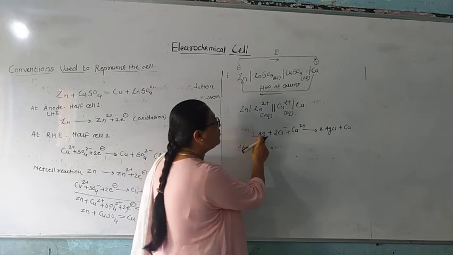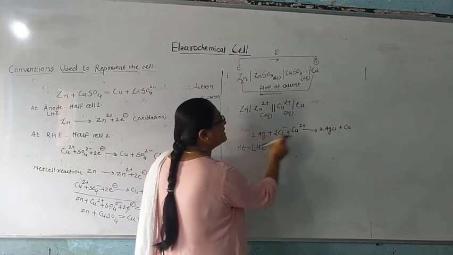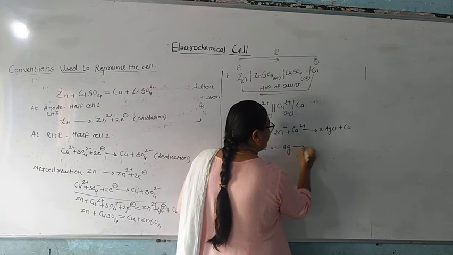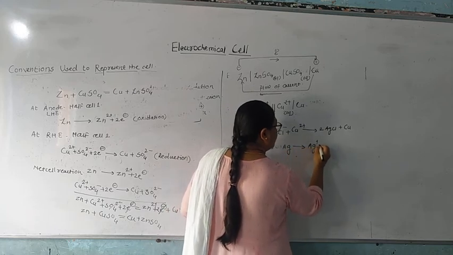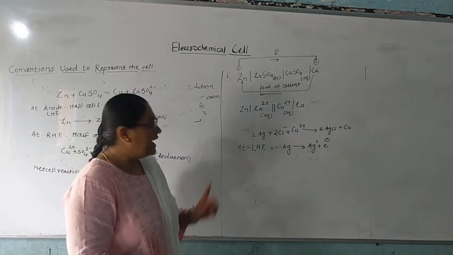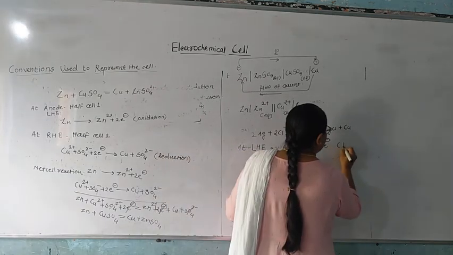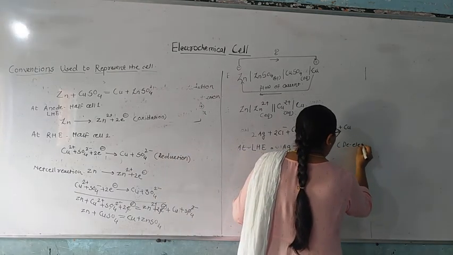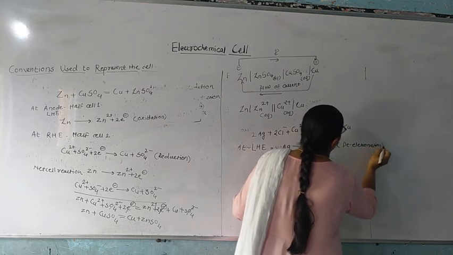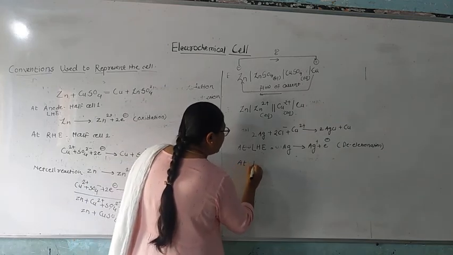Primarily it is in the form of silver. It got oxidized to Ag plus. So this is the reaction taking place. We have to find where exactly the oxidation is occurring, and then we can write it at the left hand electrode. So this is de-electronation or oxidation. You can write it here as oxidation also. So this is de-electronation at RHE.